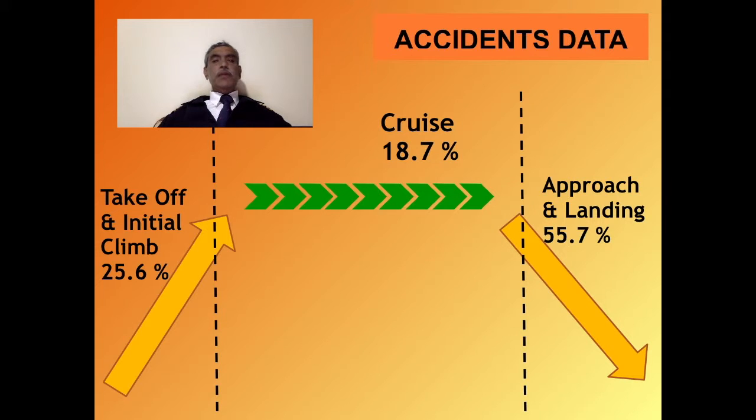That's over 80% of the accidents taking place in takeoff and approach and landing phases, and the cruise is under 20%. Why I am highlighting this is how your leadership style should change in these particular phases. You don't have to be a uniform kind of leader in all the phases.